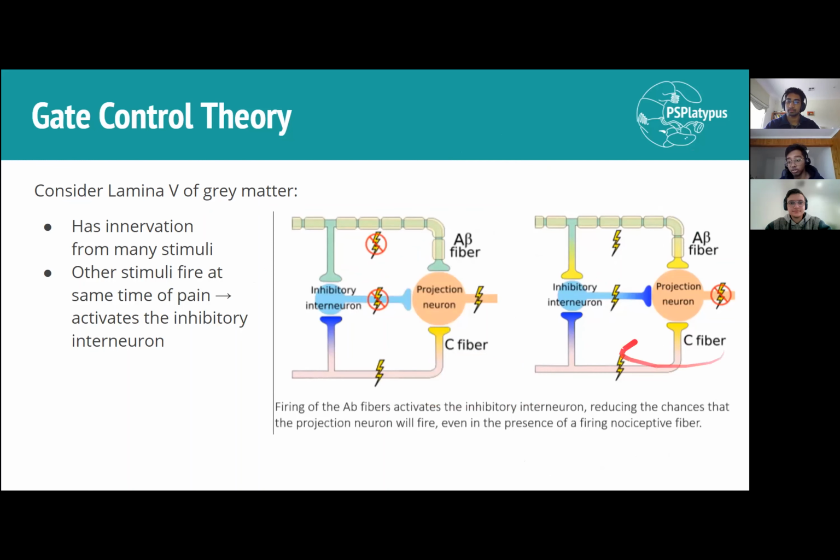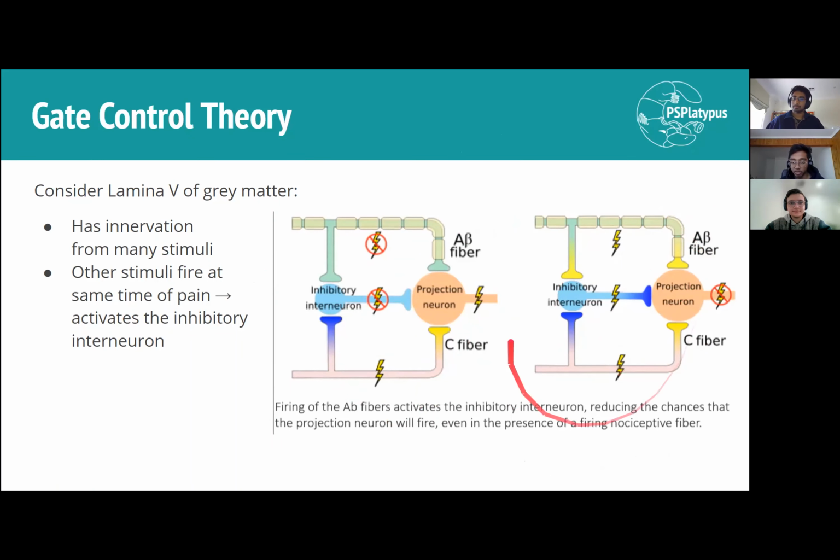So what this shows is that the C fibers are the fibers carrying the pain, and the A beta fibers are, let's say, something else. So in the first scenario here, we just have C fibers carrying pain, and that causes projection neurons to fire, and then pain is transmitted.